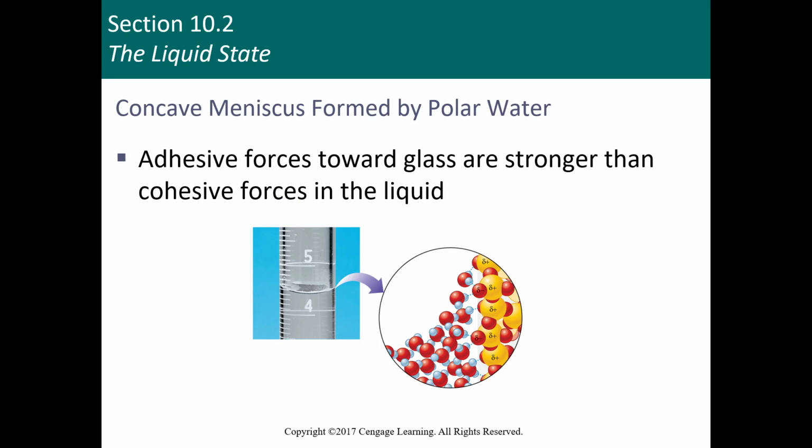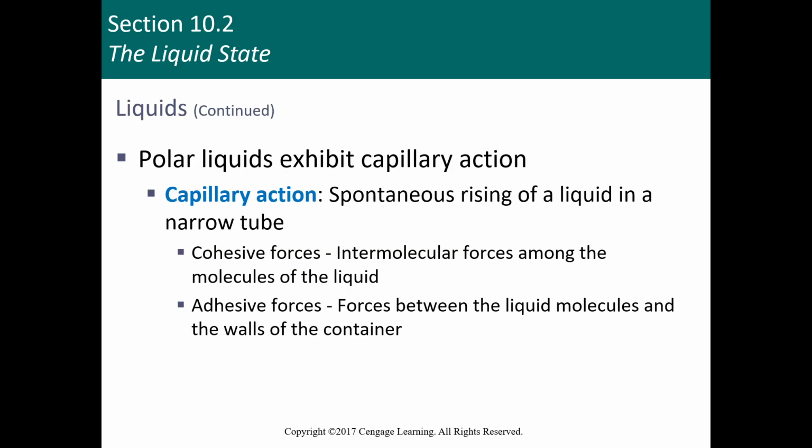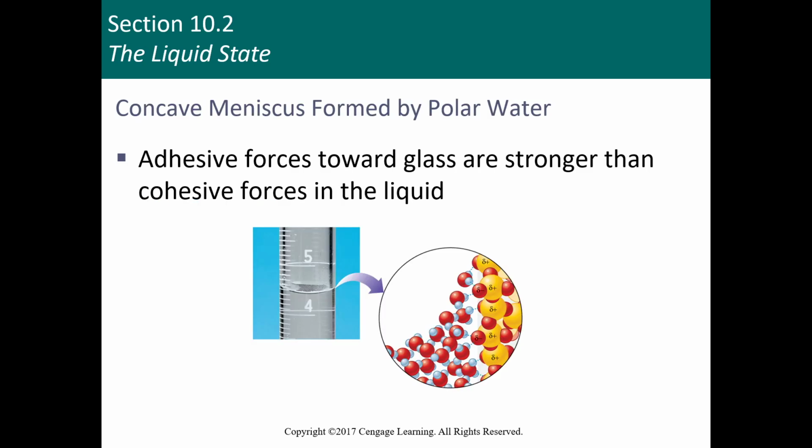So this is a meniscus, and this is occurring because of the difference between the cohesive and adhesive forces in this container. So the adhesive forces between water and the silicates that make up glass are actually stronger than the cohesive forces between the water molecules.